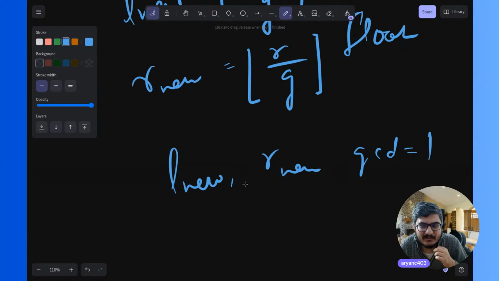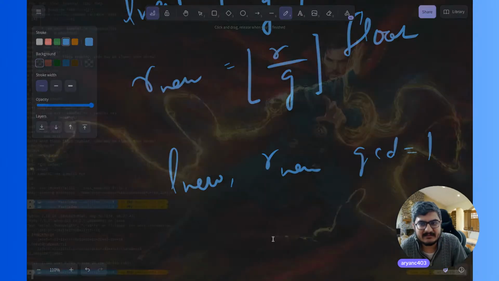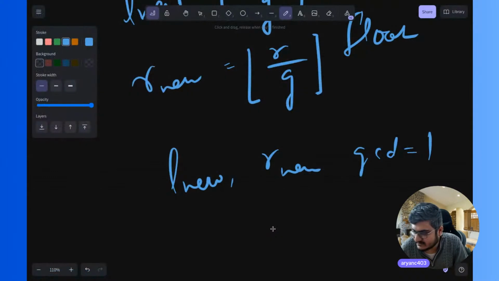Now for this L new, R new, try to find the value which is greater than G. The other way to look at it is we can probably look at the GCD of the first 30 numbers. That can also do the job for you.